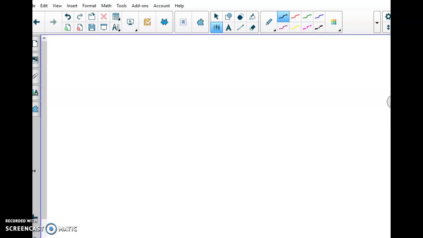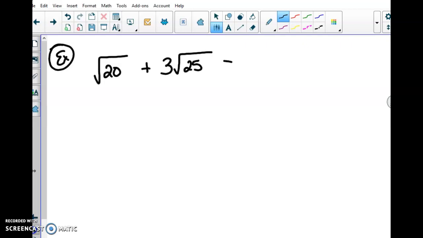The other thing that we're going to be working with is how to reduce radical form if you have multiple radicals. So for instance, let's say that I have the square root of 20 plus 3 times the square root of 25 minus 6 times the square root of 45.